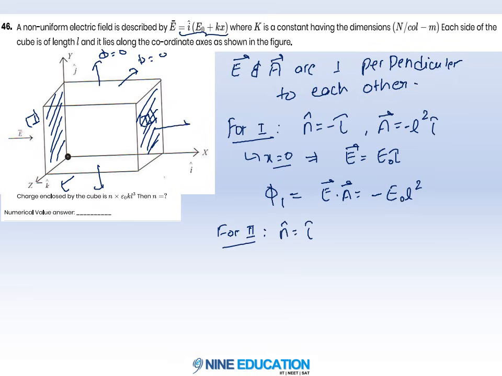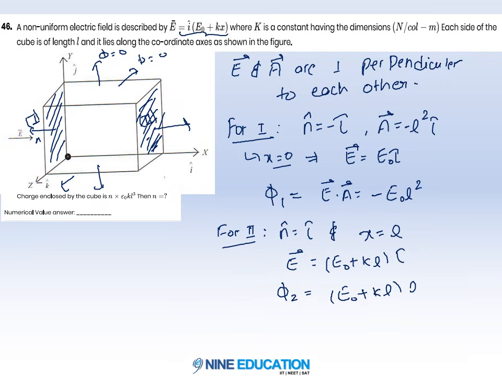This is perpendicular to this surface. And for this face, this is in the yz plane and the value of x is L. So the electric field becomes E naught plus K L i cap. Then flux phi 2 becomes E naught plus K L times L square.